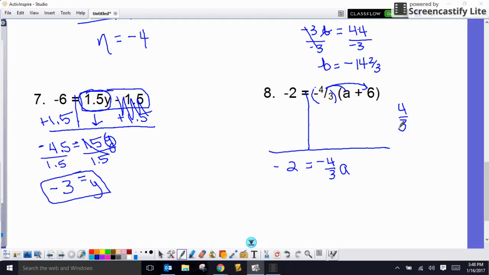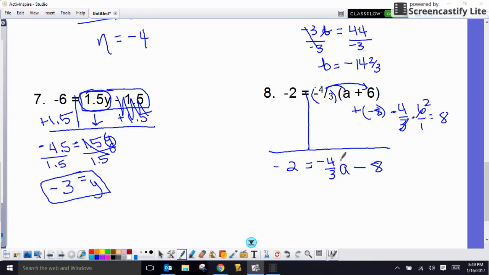So if I put 4/3 times 6, I end up with 8. So I end up with negative 4/3 A plus, and then a negative times negative 4/3 times 6 equals a negative 8. And so plus a negative is the same thing as minus 8.